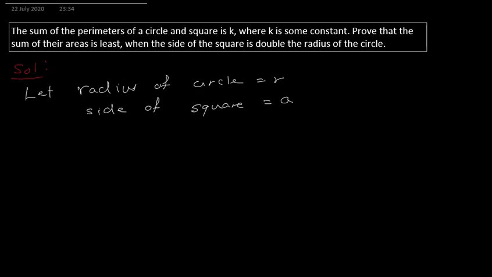Generally with a we indicate the side of a square; we can take x also here, no problem. Therefore what is given? The perimeter of the circle, 2 pi r, plus the perimeter of the square, 4a, is equal to some constant k.